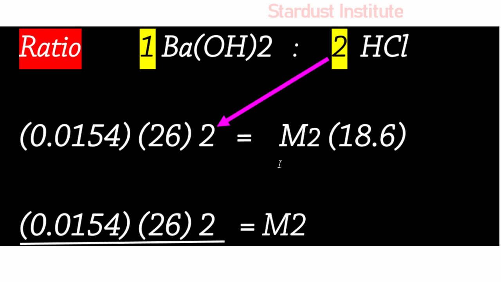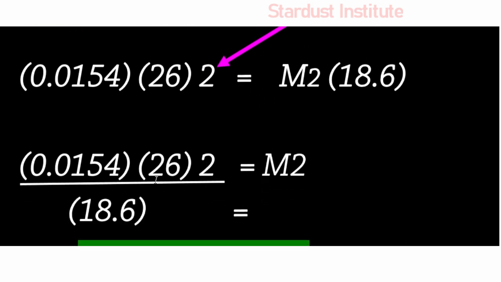We need to find M2, therefore we should isolate M2 on the right hand side of the equation. Then 18.6 goes to the left hand side in this way. 0.0154 times 26 times 2 divided by 18.6 equals M2.